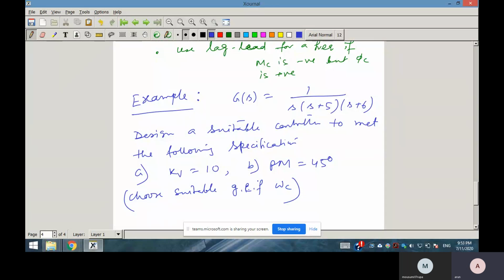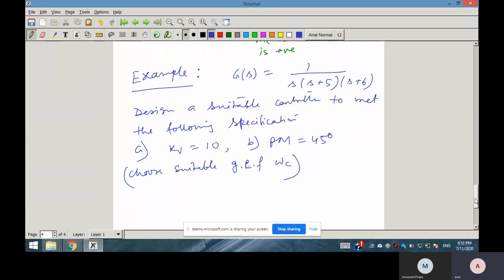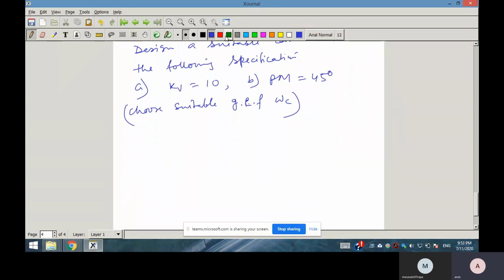If you choose omega C more than that of the uncompensated system, then you have to use lead. If it is much less than the uncompensated system, then it will be lag. If it is in between, then you have to use lag-lead. Now we'll be seeing all these things. Now this is the solution.